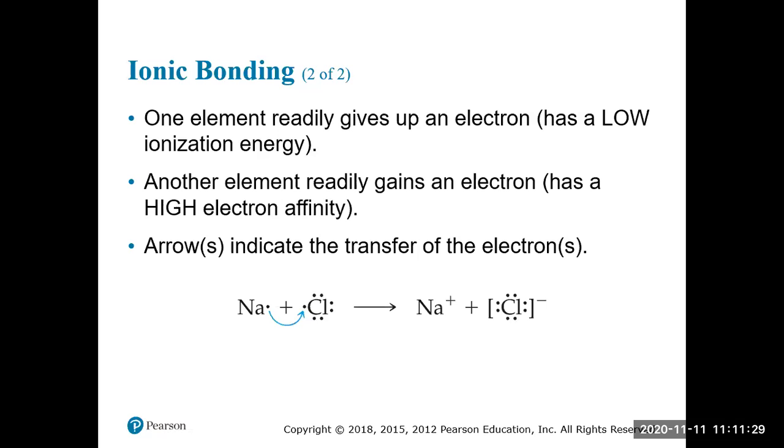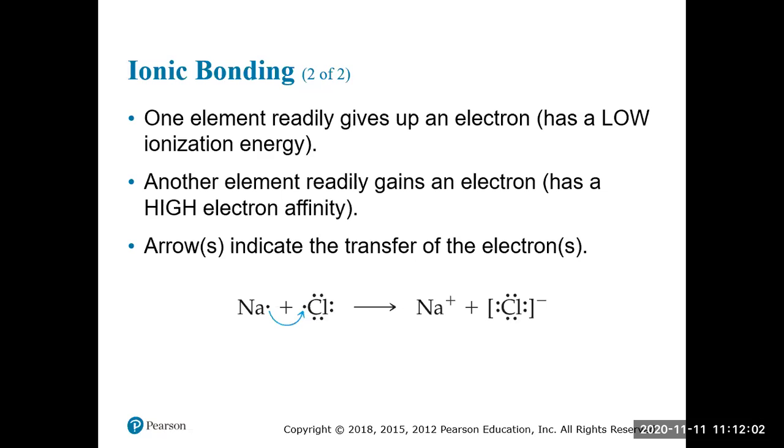We don't have to put a lot of energy in for that electron to be donated. The element that gains the electron, the non-metal, has a high electron affinity. So in other words, low ionization energy on the metal allows it to form a cation and then donate that electron to the non-metal, which has a high electron affinity. So it has a high interest in gaining that electron.